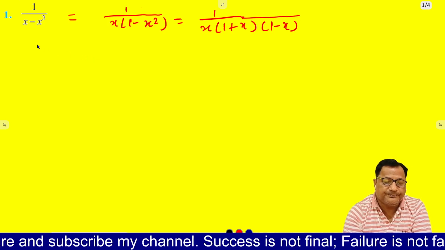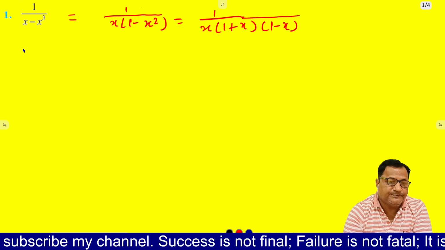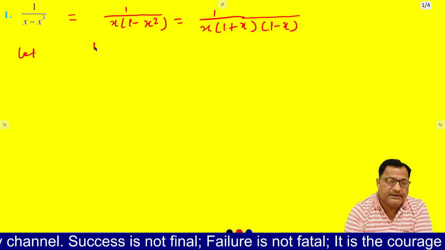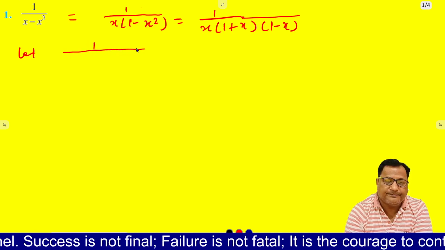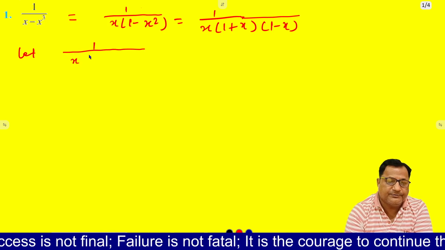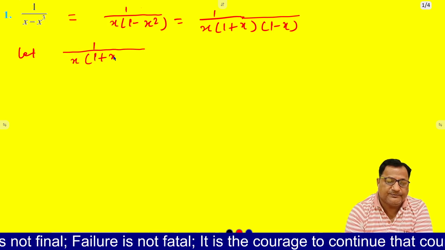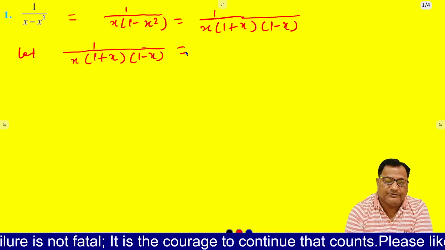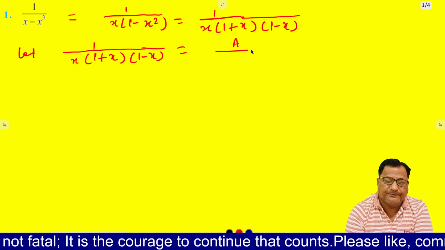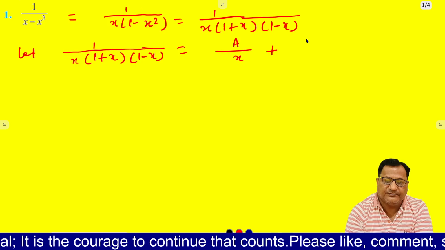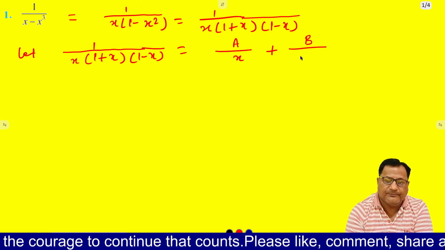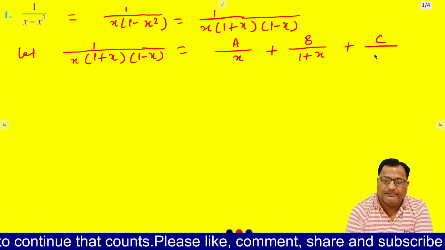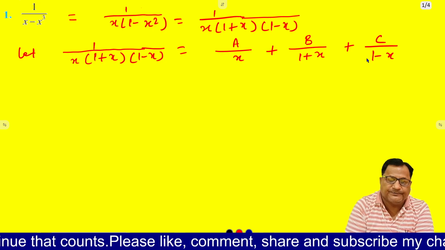So here we suppose let 1 by x into 1 plus x, 1 minus x is equal to a by x plus b by 1 plus x plus c by 1 minus x.